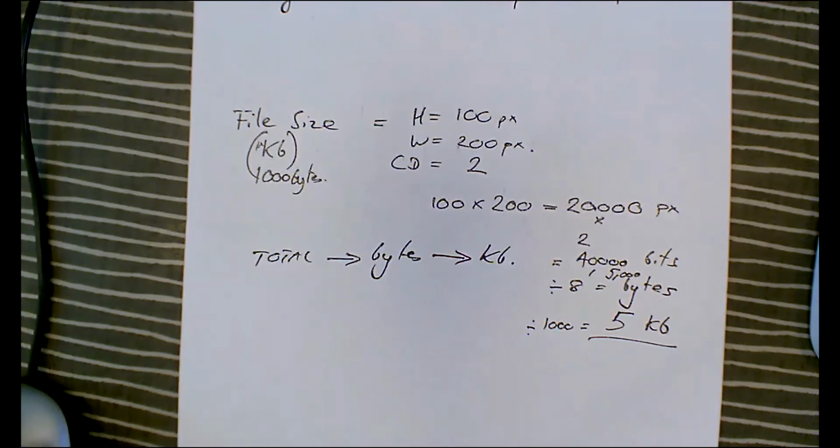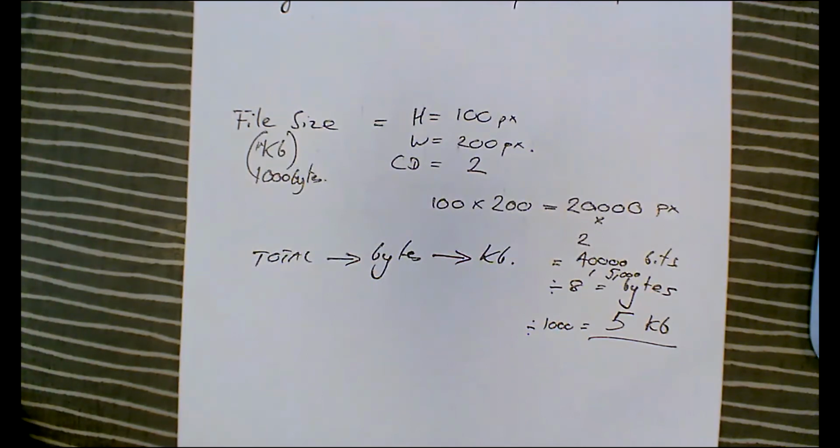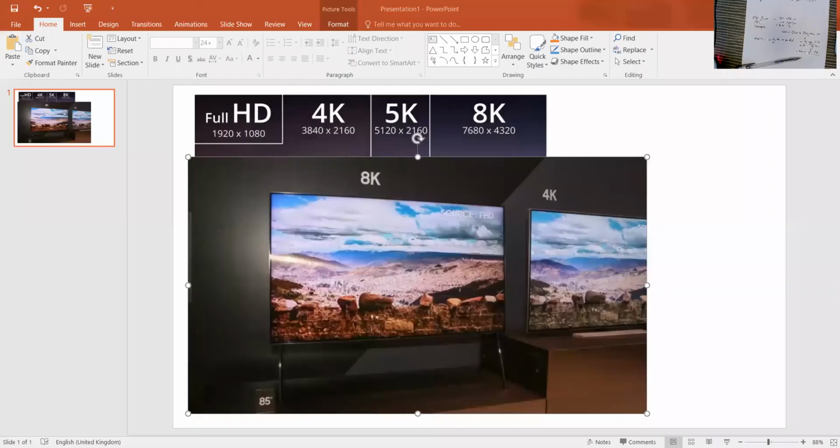So that's a bit about calculating the file size. Finally, let's have a look at image resolution, and at these cinema screens. These are the latest and are very rare in cinemas at the moment.